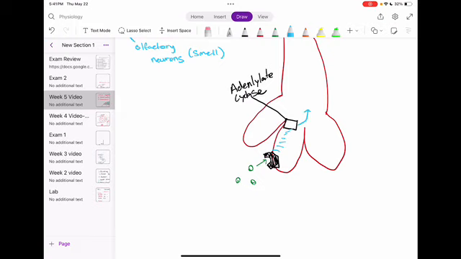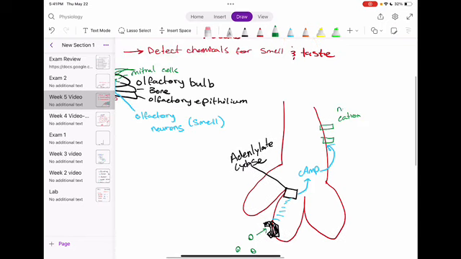Adenylate cyclase releases cyclic AMP. And what that does is that actually opens a channel that's right here. This is a non-specific cation channel.